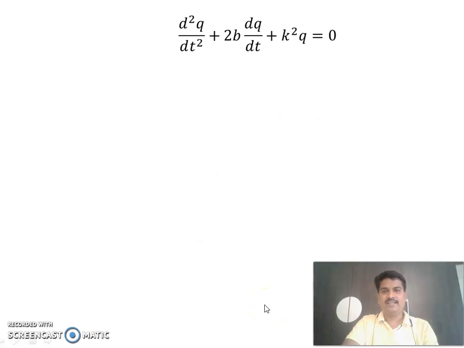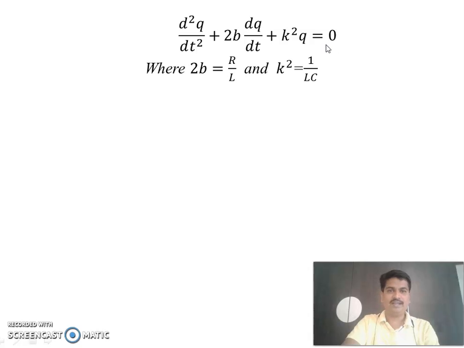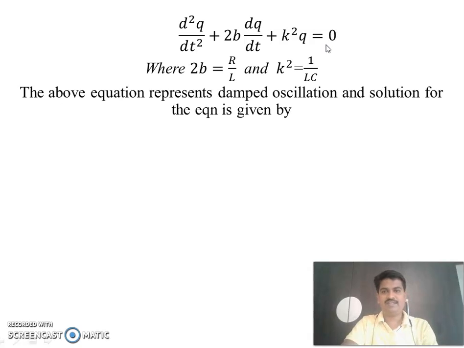After taking this, the equation becomes d square q by dt square plus 2b dq by dt plus k square q is equal to 0. As I told you, I have taken R by L as 2b and k square as 1 by LC. I get a precise differential equation.